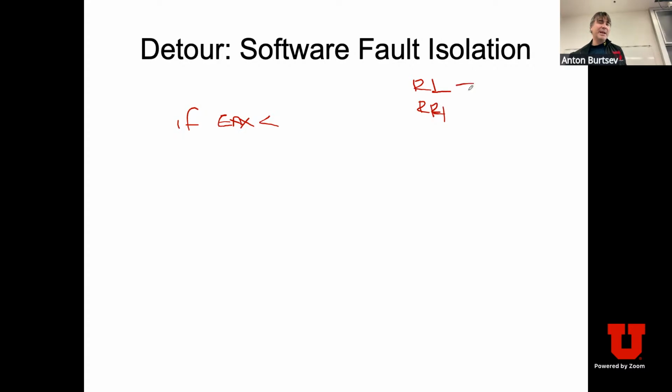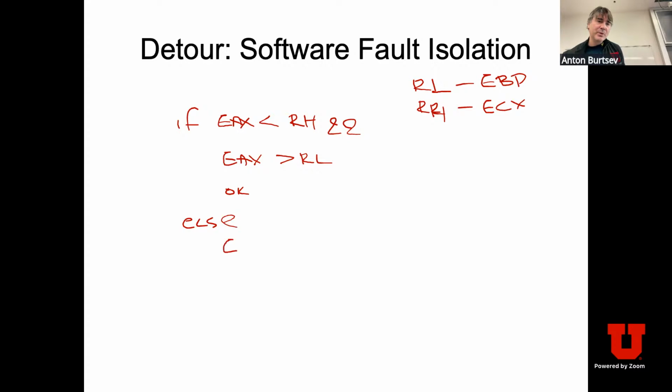You can pick any registers; your compiler can pick anything appropriate, EBP if you don't want to use it, and ECX, for example. You say EAX less than R_high, and EAX is greater than R_low. That's the check. It's okay, else exception.